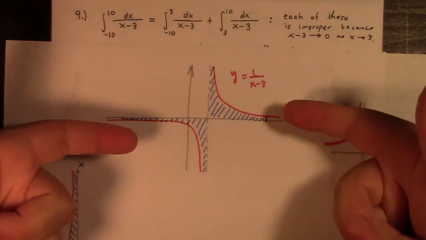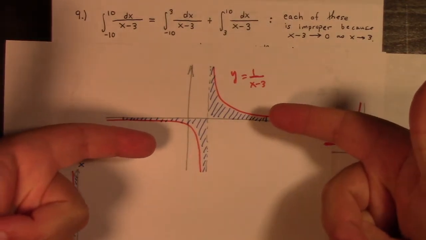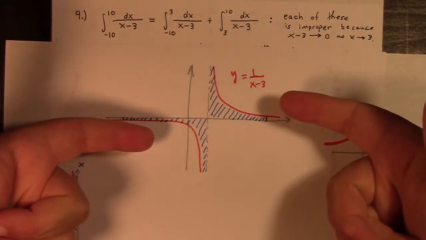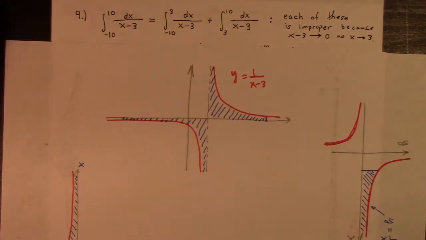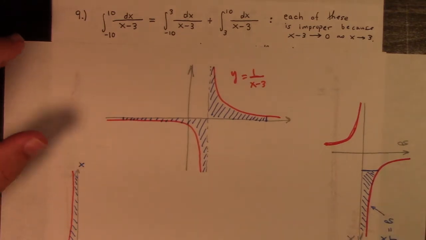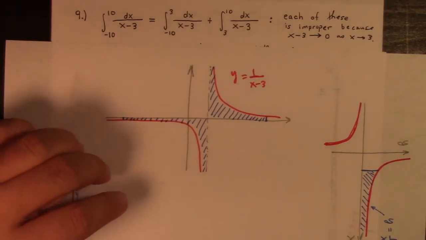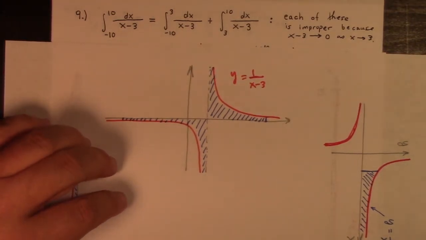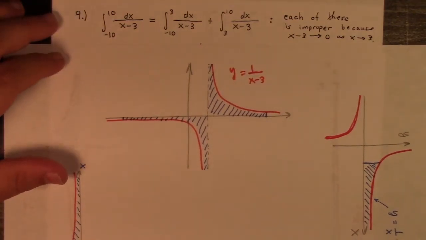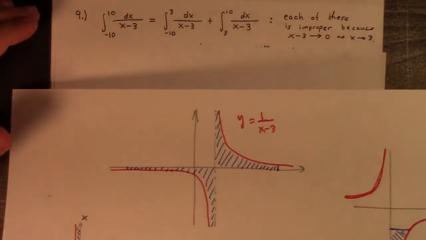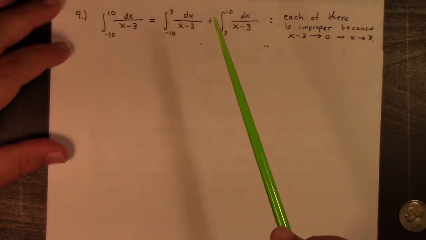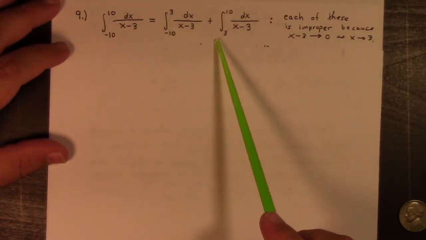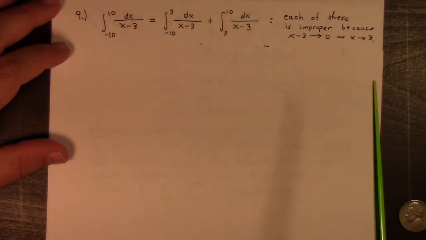If you approached the singularity symmetrically, you could have the situation where sometimes it would cancel out due to a certain symmetry. And that might be interesting for certain applications, but that's just not what we mean by an improper integral unless we have another special agreement with the applications in mind, which is not the case here. All right, so minus 10 to 3, 3 to 10, this and that.